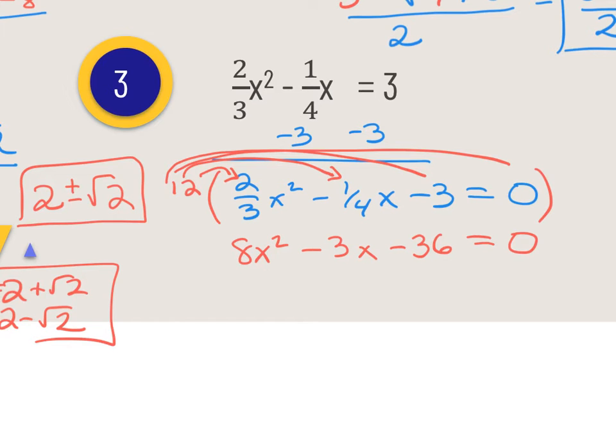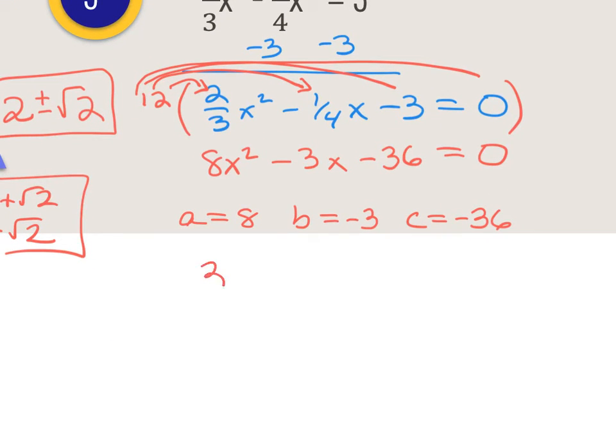Now I have integers for my A, B, and C, no fractions, and it makes it so much easier. So my A value is 8, my B value is -3, my C value is -36. I can now plug these three values into the formula.